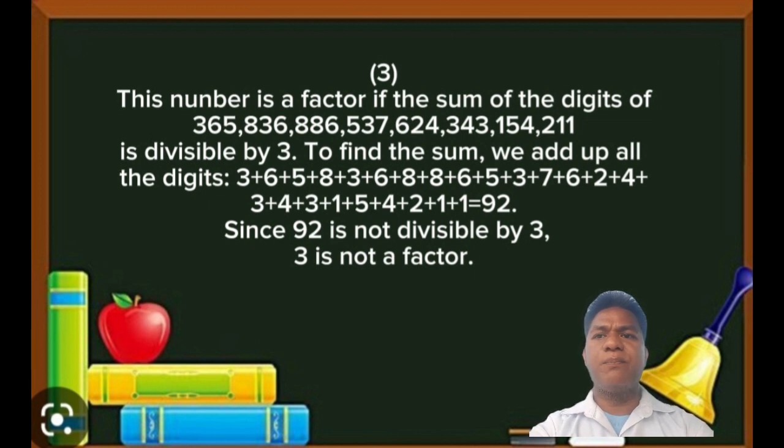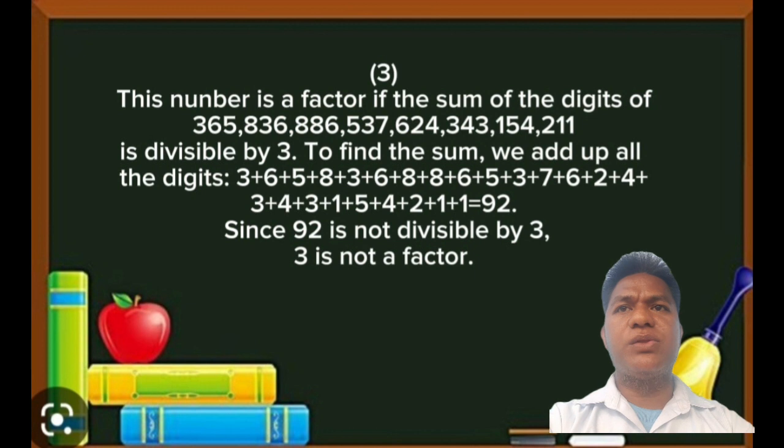To find the sum, we add up all the digits: 3 plus 6 plus 5 plus 8 plus 3 plus 6 plus 8 plus 8 plus 8 plus 6 plus 5 plus 3 plus 7 plus 6 plus 2 plus 4 plus 3 plus 4 plus 3 plus 1 plus 5 plus 4 plus 2 plus 1 plus 1 equals 92. Since 92 is not divisible by 3, 3 is not a factor.